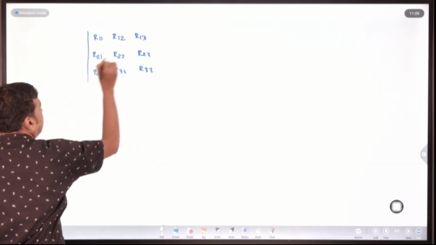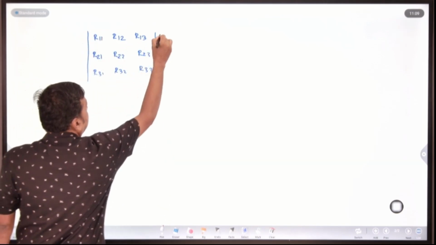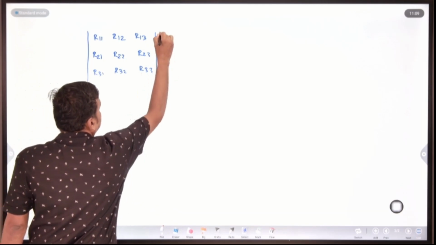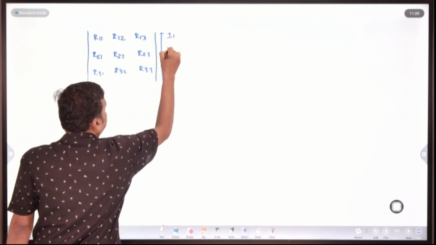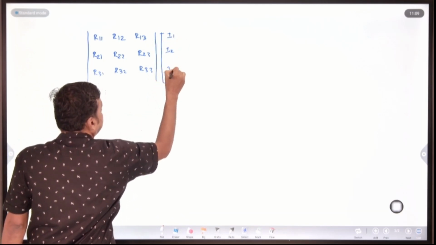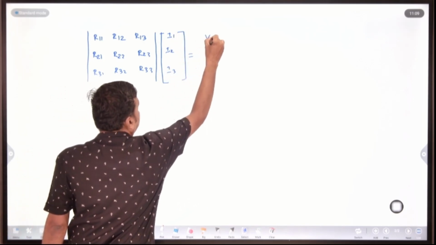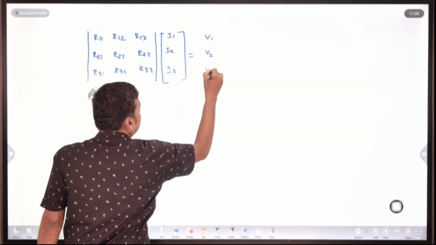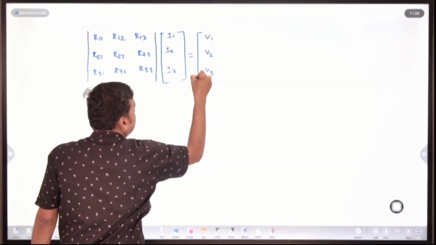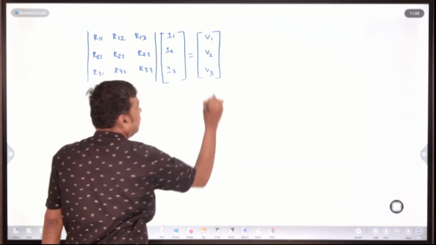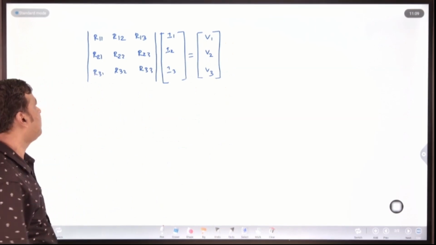This is your resistance matrix into current, that is I1, I2, I3. Then the voltage, the net voltage in loop 1, V1, V2 and V3.